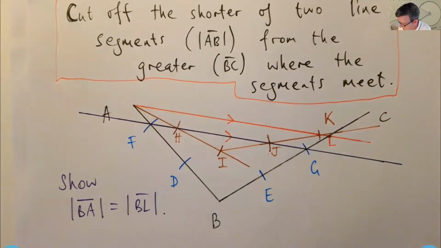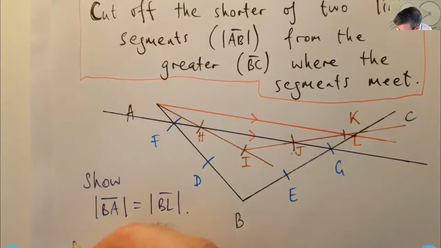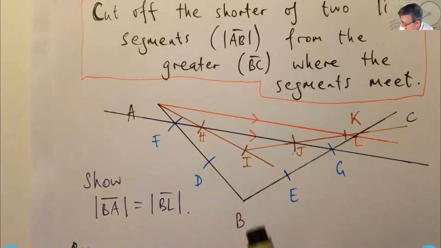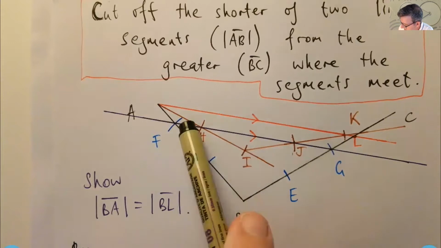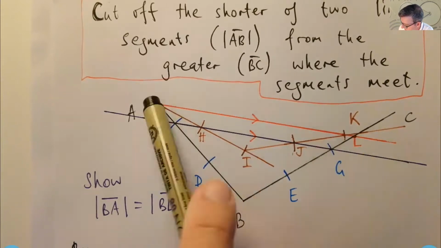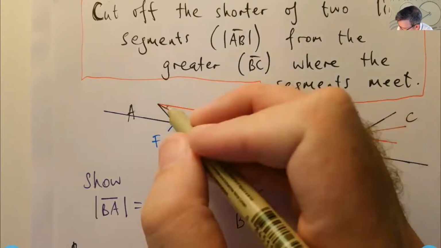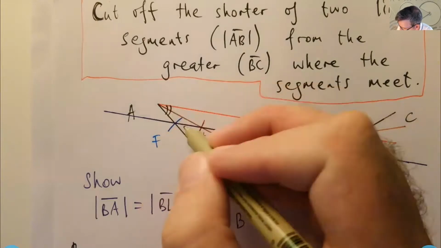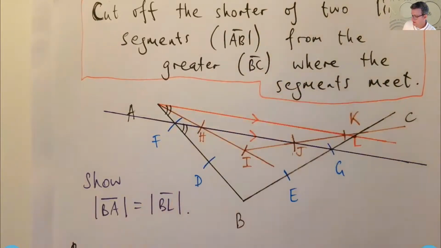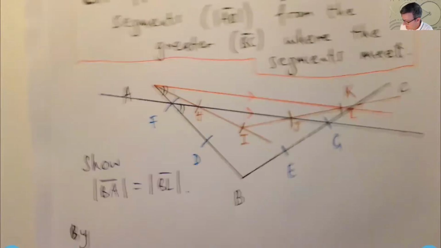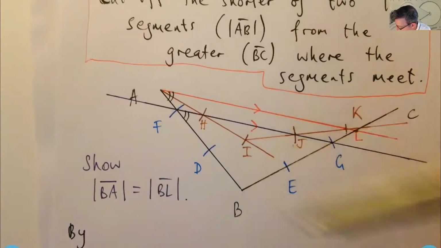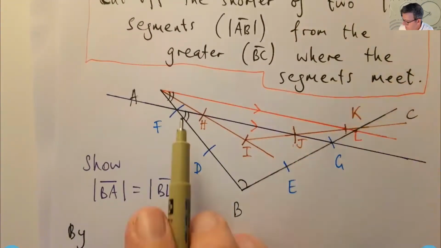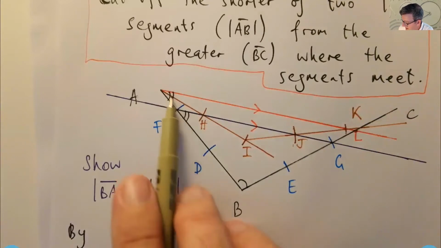Okay, so let me just summarize that. So you can see the smaller triangle is contained in the bigger triangle. These two lines are parallel. So this angle and this angle have got to be the same. Okay, so what have we got? We've got a shared angle down here. We've got two corresponding angles that are equal.